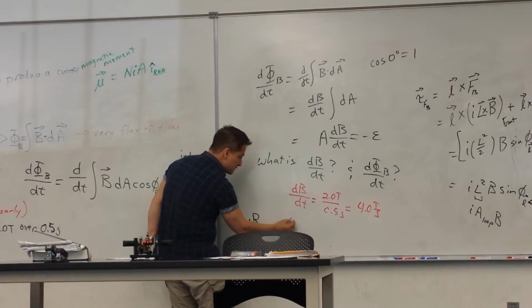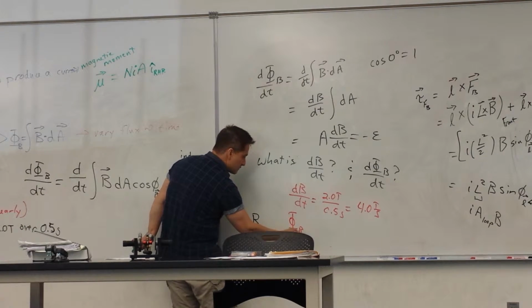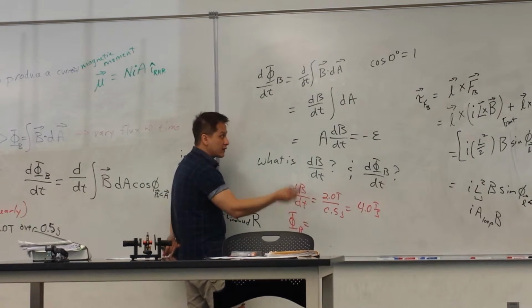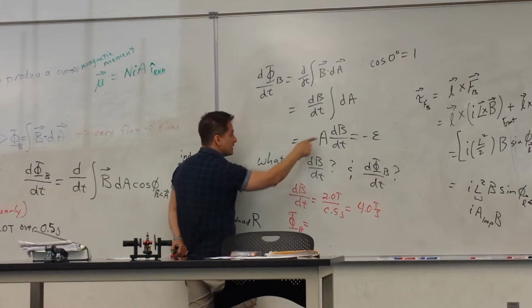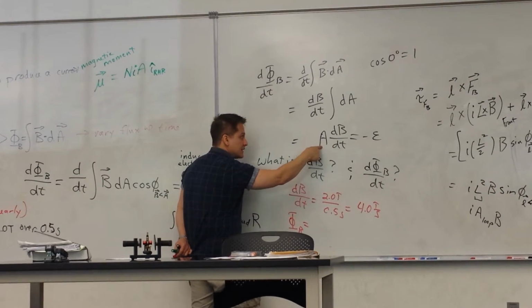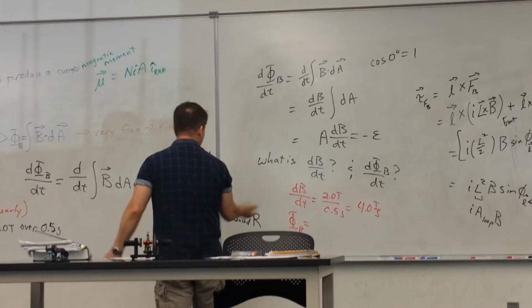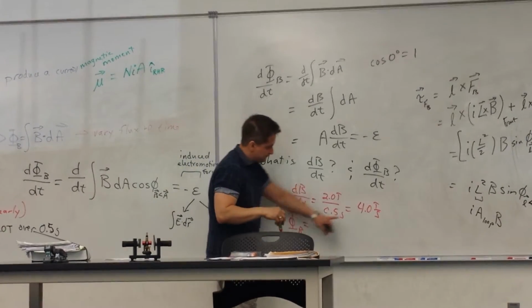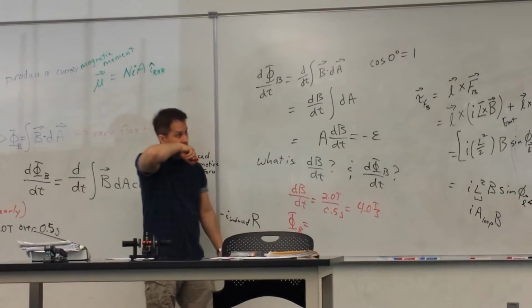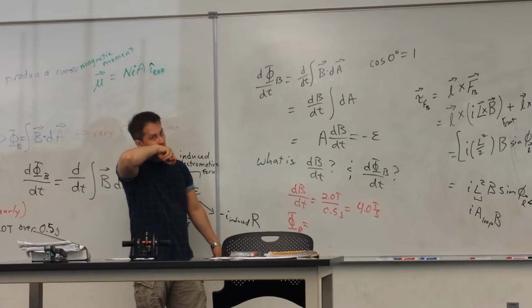And the flux, we've only got one coil, so again, it's just going to be dB/dt times A. And the A was 0.05, just to keep it simple, so what does that give us, 0.8? 0.08?